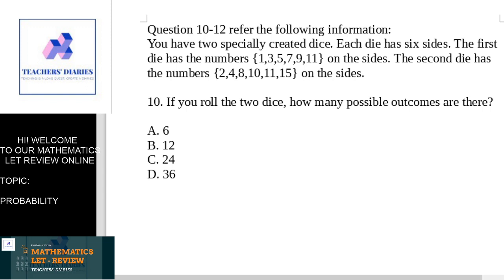And the second die has the numbers 2, 4, 8, 10, 11, 15 on the sides. Here is the question. If you roll the 2 dice, how many possible outcomes are there? A. 6. B. 12. C. 24. D. 36.